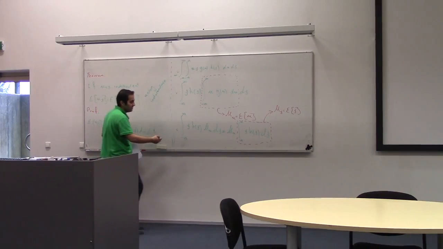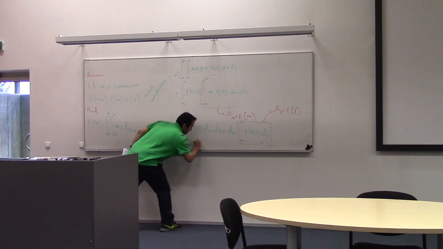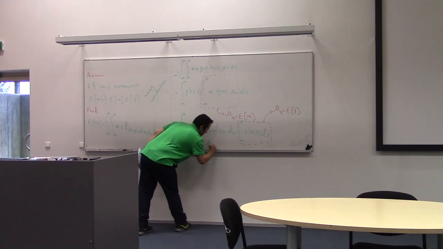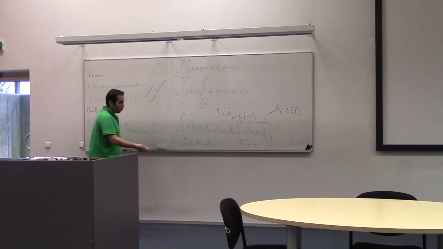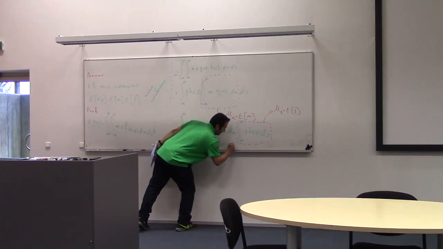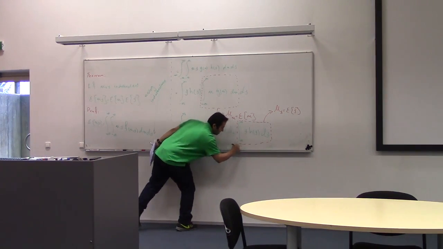And finally we can write in this form: mu x mu y. Okay, or the expected value of the x times the expected value of the y.